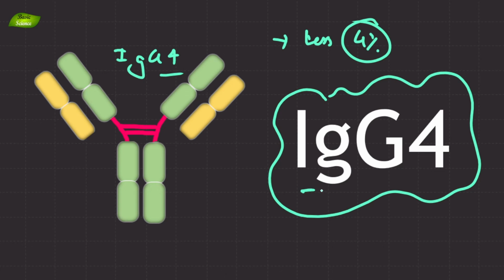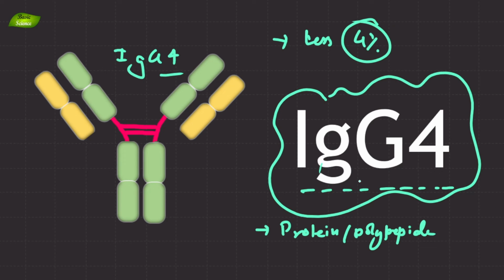This is one of the factors, and it's also responsive against the protein antigens, in most of the cases, or polypeptide. And more of these isotypes or subtypes of these antibodies are being looked into, and why there is an increase in the expression of these types of antibodies in specific conditions. A lot of research is going on into that, why our body is producing different types of antibodies.